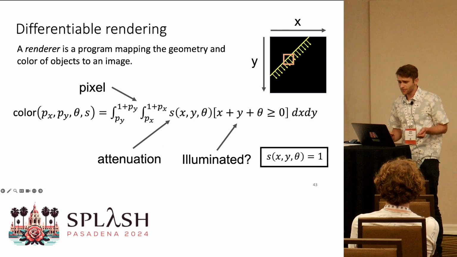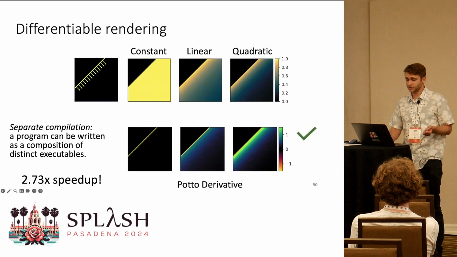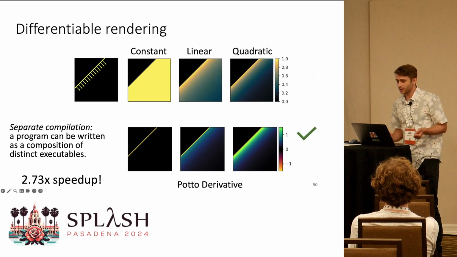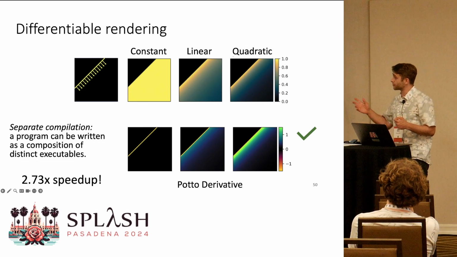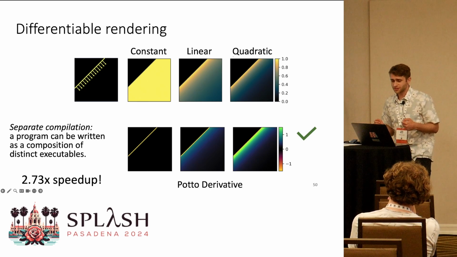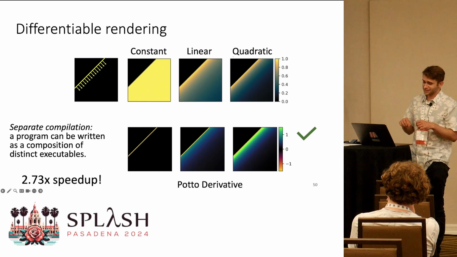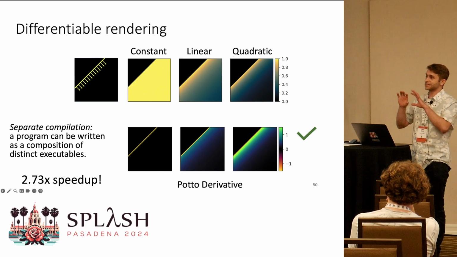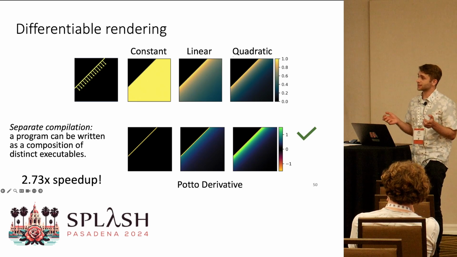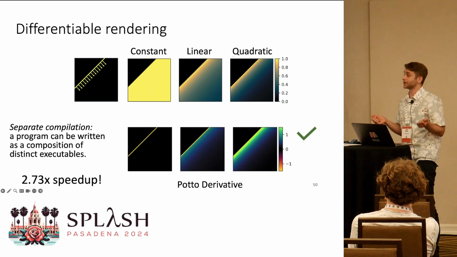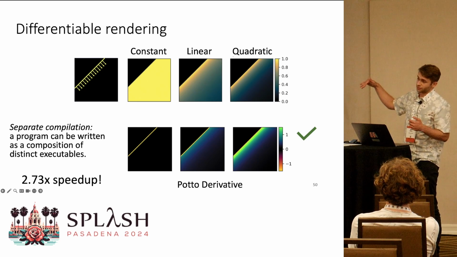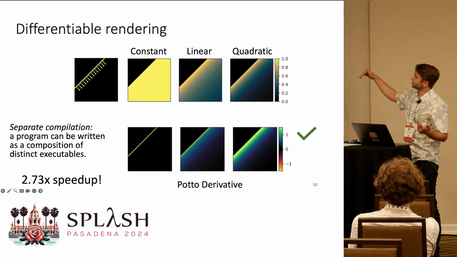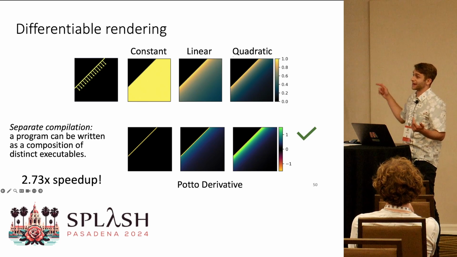So returning to this differentiable rendering example, there's this key feature of a renderer, which is something called separate compilation, which is that a program can be written as a composition of distinct executables. So in this case, we're going to try out 3 different shaders, right? So light can attenuate, well, not attenuate at all, attenuate linearly, or attenuate quadratically.